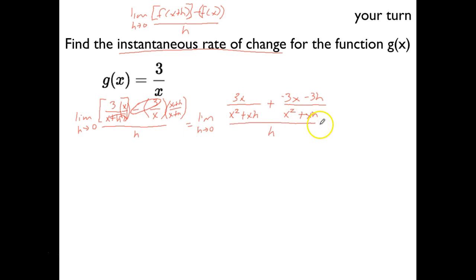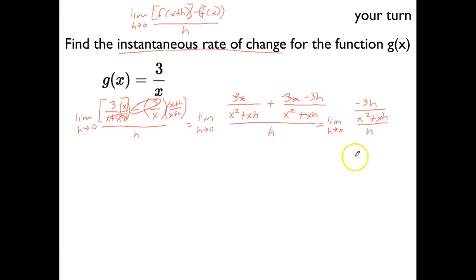So now we can combine our numerators here. I mean, yeah, our numerator. Okay, so that's going to leave me with 3x plus a negative 3x. Well, that should cancel those out, leaving me with just a negative 3h on top over x squared plus xh over h.